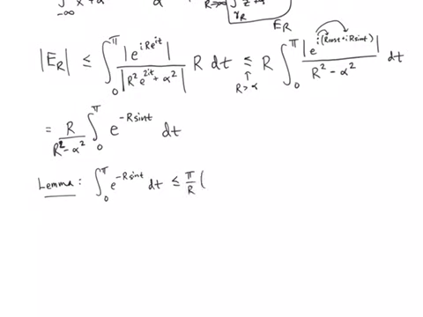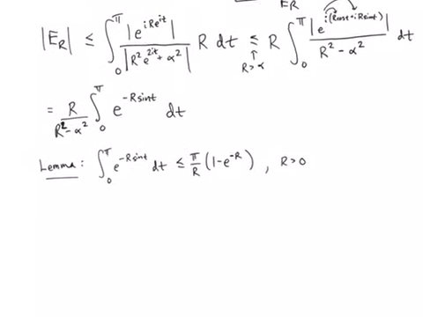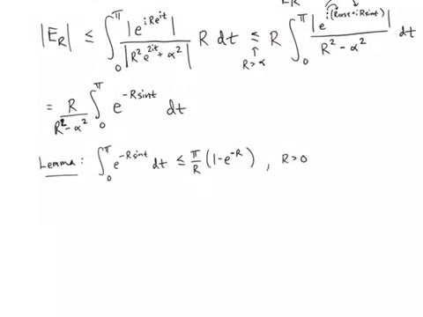So we have the following estimate: this integral is less than or equal to pi over r times 1 minus e to the minus r, where r is some constant greater than 0. And the proof of this lemma is the following. Integral from 0 to pi e to the minus r sine t dt.